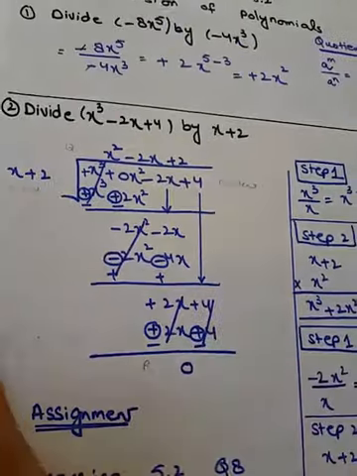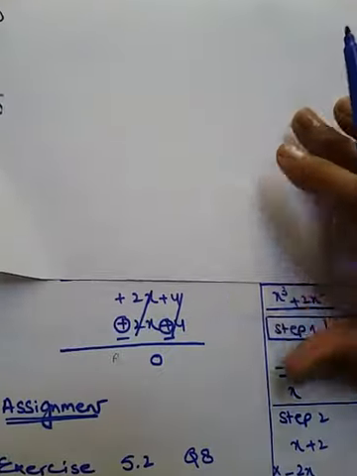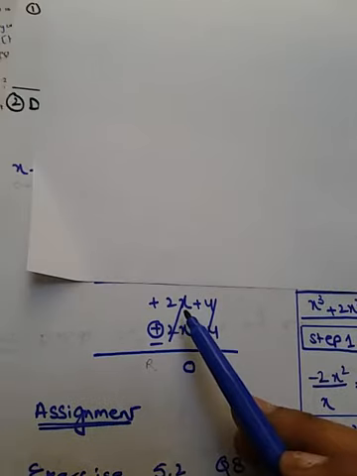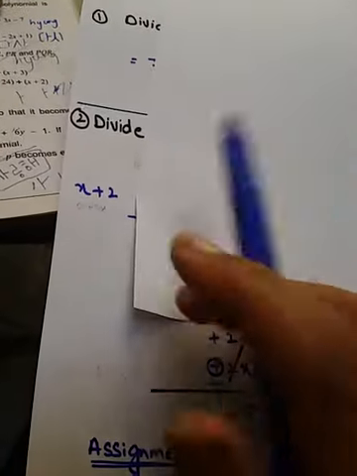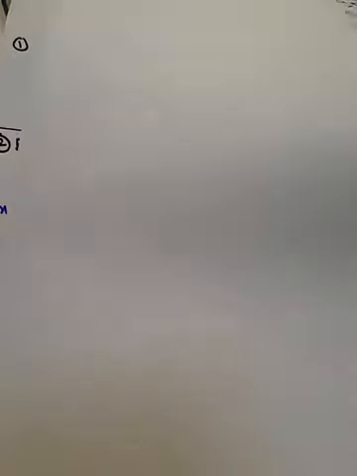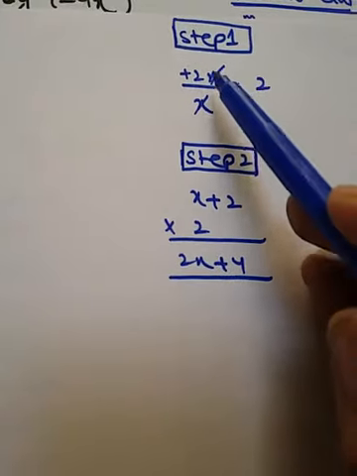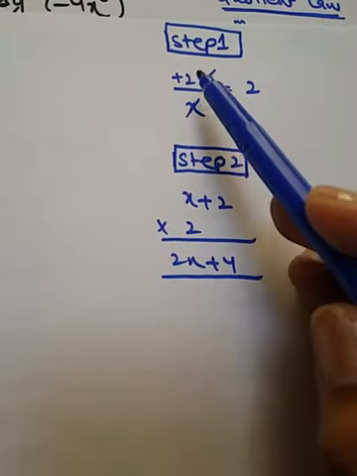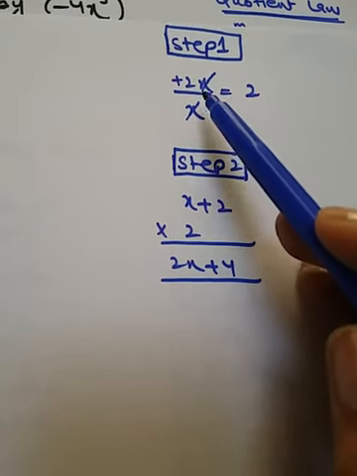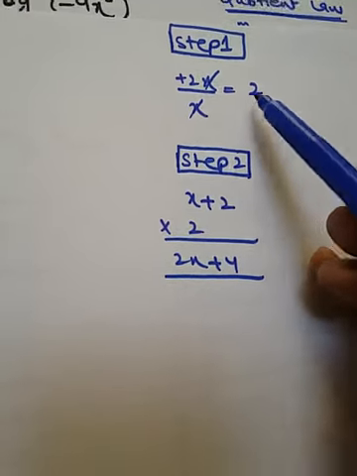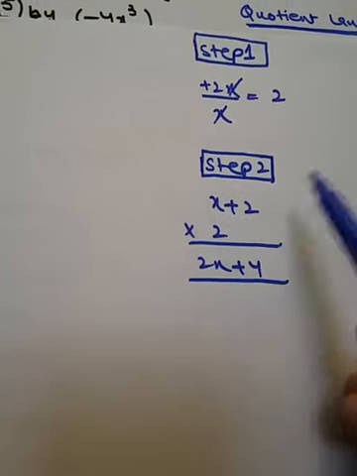We will apply the same method. In step 1 we take the first term of the dividend and the first term of the divisor, and after cancellation we get plus 2.